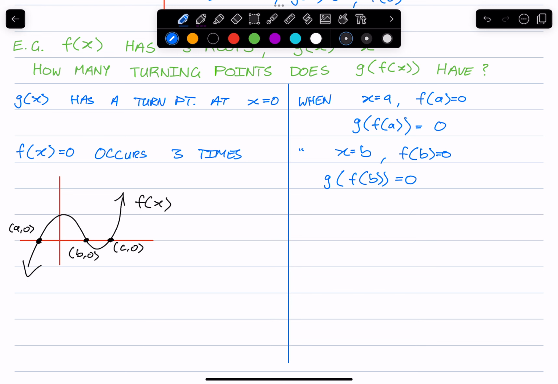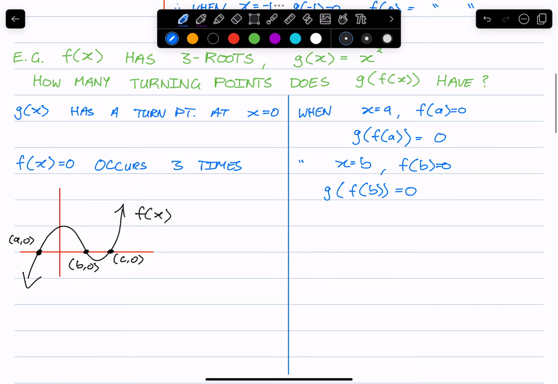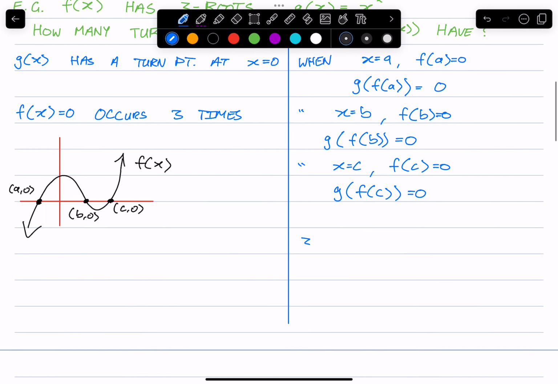So in conclusion from all of this, I hope you can see that we're first using the features of f, and then the features of f substitute into g to understand g of f of x. So when x equals c, f of c will equal 0, and g of f of c will also equal 0. So there are 3, so therefore there are 3 turning points.